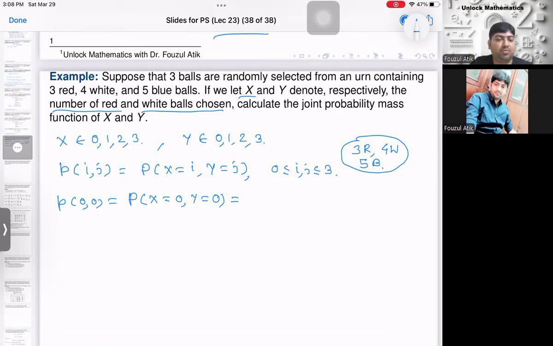How many blue balls do you have? 5 blue balls. How many ways can you select these three balls from these 5 blue balls? 5C3 ways. So this probability will be 5C3 divided by the total number of choices, 3 balls selected among 12 balls, 12C3. I hope you understand. If you simplify it, you will get 10 divided by 220.